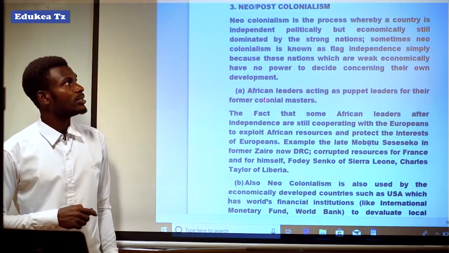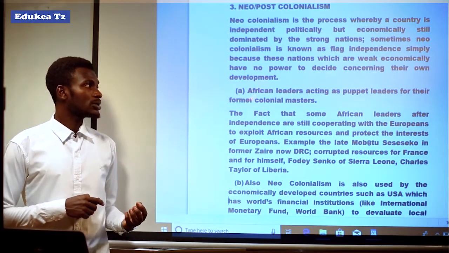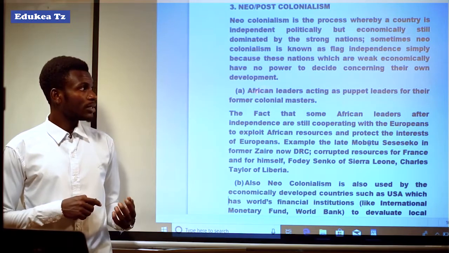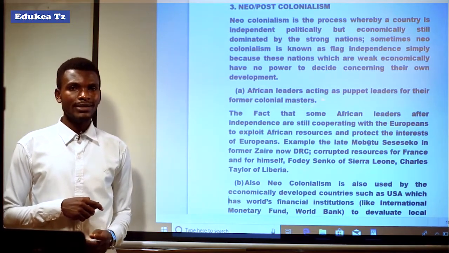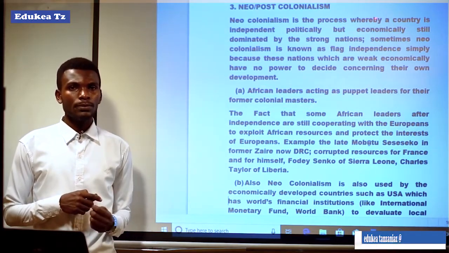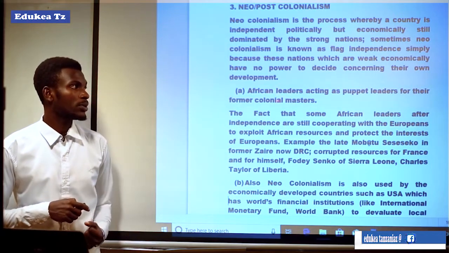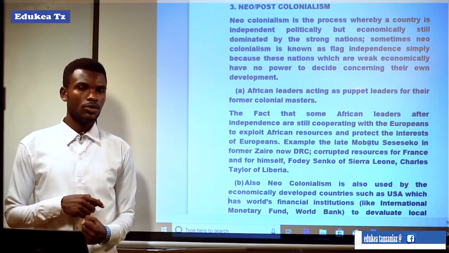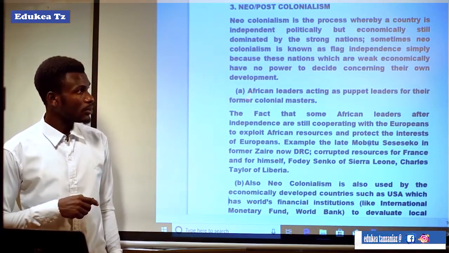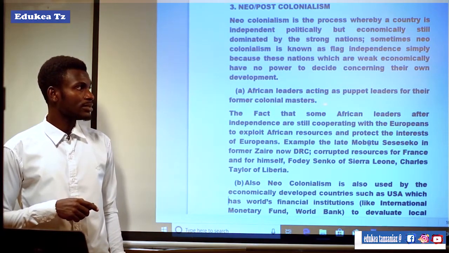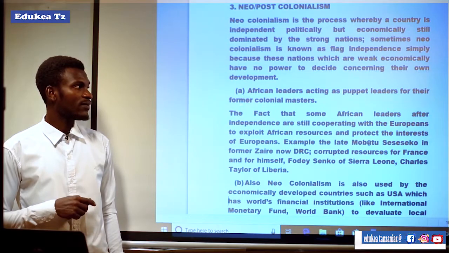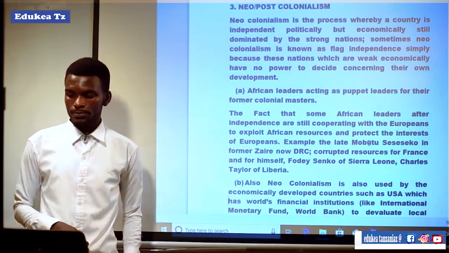Let us see the concepts which were under neo-colonialism that widened the gap between Africa and Europe in the 15th century onwards. The first one was that African leaders acted as puppet leaders for their former colonial masters.